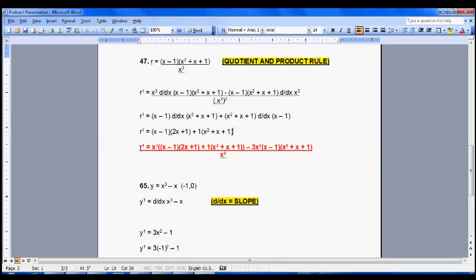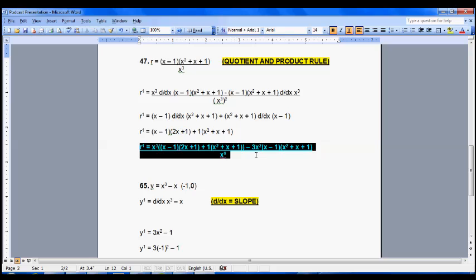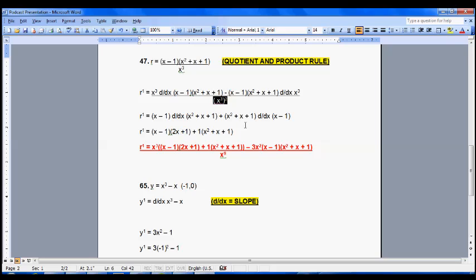So your final answer would end up looking like x cubed times x minus 1 times 2x plus 1 plus 1 times x squared plus x plus 1, minus 3x squared times x minus 1 times x squared plus x plus 1. And you got the 3x squared by finding the derivative of x cubed.